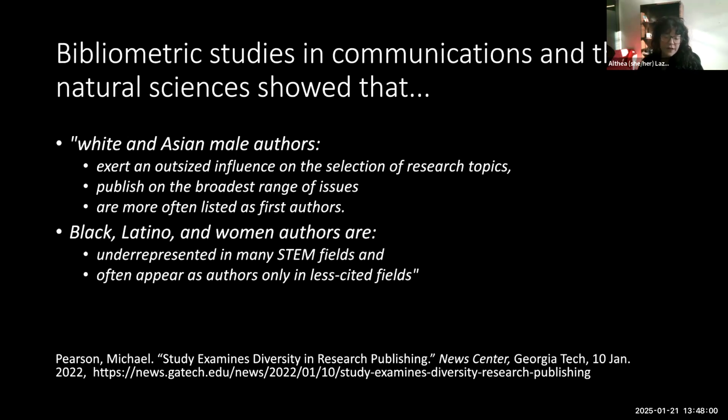In an article called Study Examines Diversity in Research Publishing, which we're going to read about in just a second, they say that bibliometric studies in communications and the natural sciences showed that white and Asian male authors, quote, exert an outsized influence on the selection of research topics, what gets studied in the first place, publish on the broadest range of issues, and are more often listed as first authors.